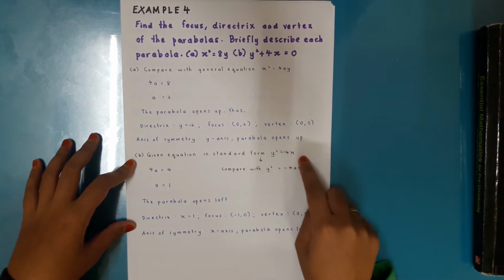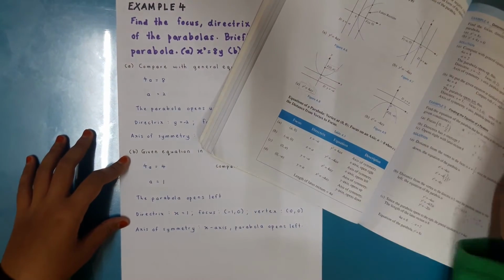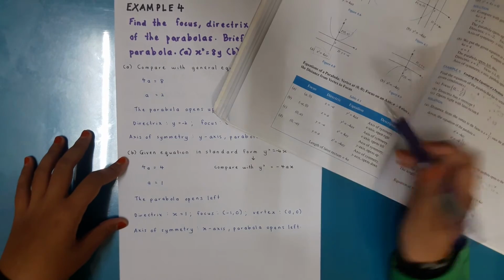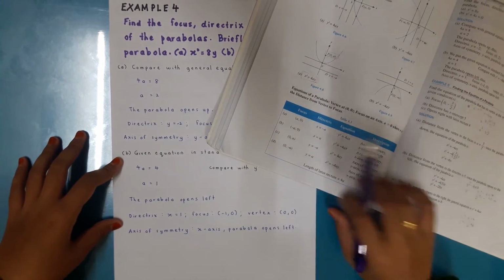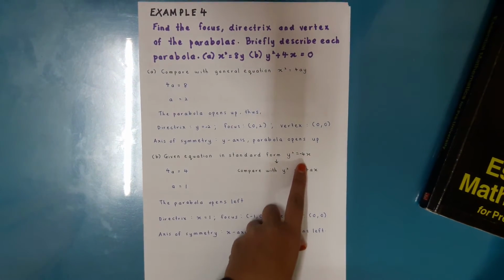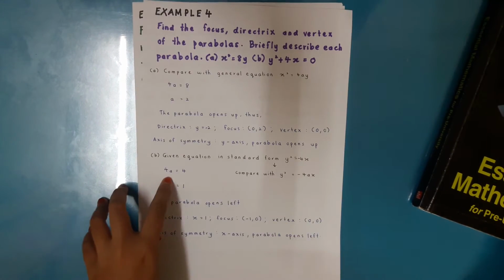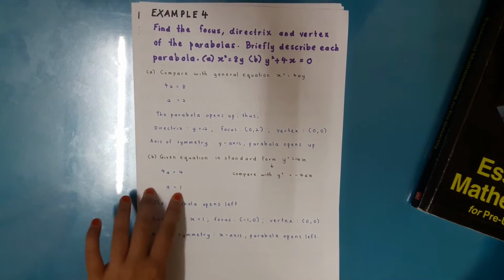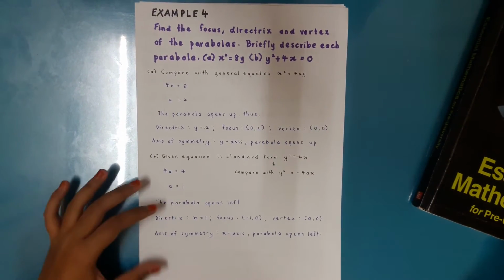We refer to the table and we know that y squared equals negative 4x is equal to the equation in number 2. So we compare the number in the equation with 4a, 4a equals 4, then we get a equals 1.